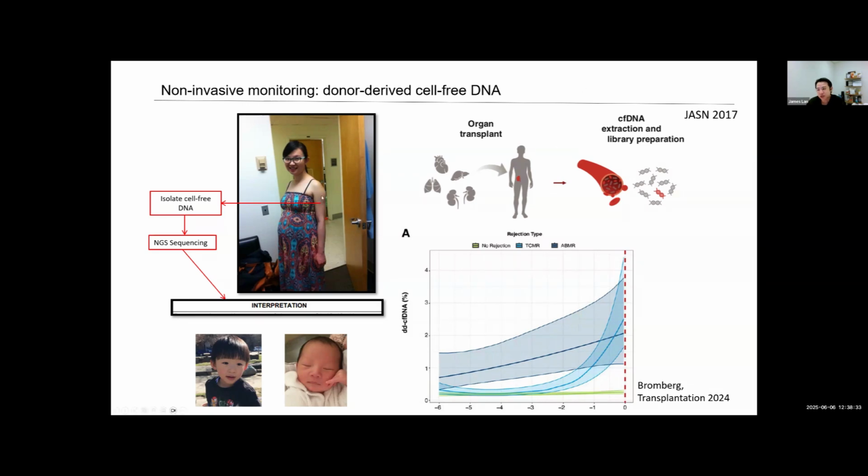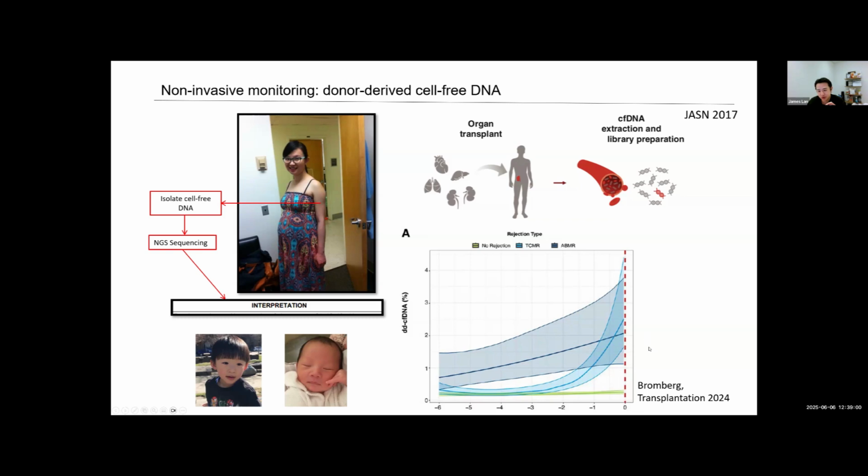A few years after all this, a company started to develop this, and now it's a commercially available test in the United States. They're finding that there's an elevation of the cell-free DNA from the donor that precedes the time of the clinical injury. In many cases, the donor DNA is elevated in the recipient circulation months before the clinical dysfunction becomes evident.